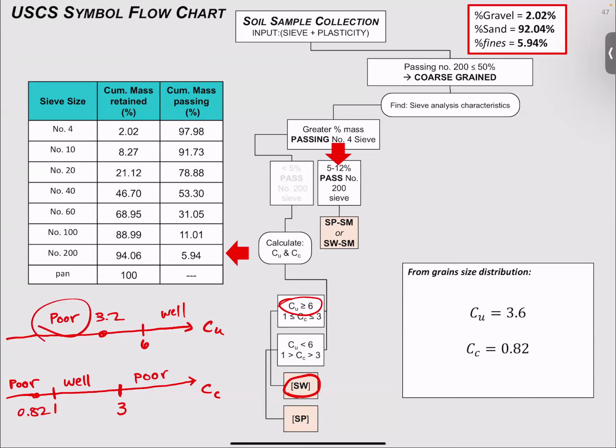Yeah, so we're poorly graded for both of them. So we can be pretty confident that this would be a poorly graded material. That means we're going to have an SP-SM, which most of the time is going to be like that because most natural soils in Florida are poorly graded, not well graded. So that would make sense. SP-SM is going to be that middle one there.